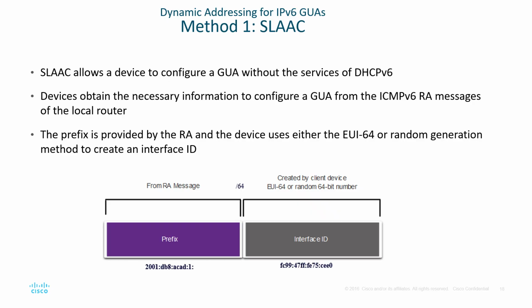So SLAAC stands for Stateless Address Auto Configuration. Okay, so it allows the device to configure a GUA without the services of a DHCP version 6 server. It is the default method.